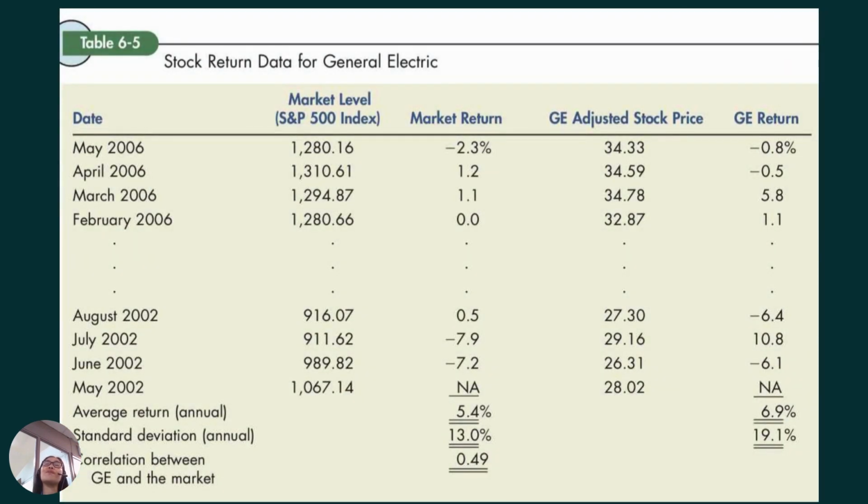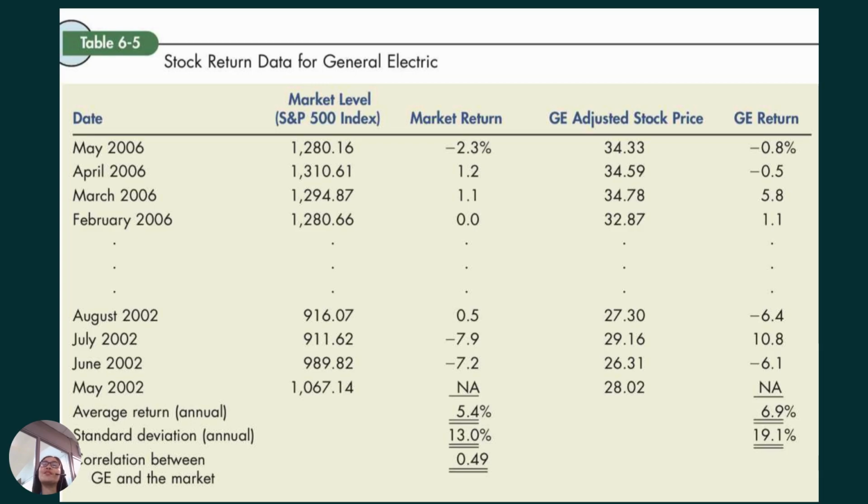Okay, the second step is to convert the stock prices into rates of return. For example, to find the May 2006 return for GE, we find the percentage change from the previous month: $34.33 minus $34.59, divided by $34.59, which equals negative 0.0075, or about negative 0.75%.